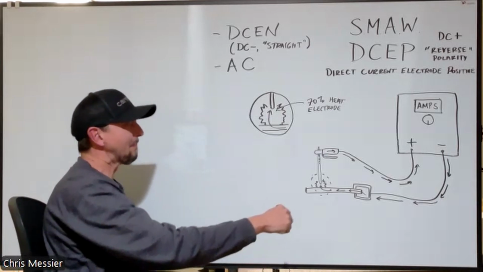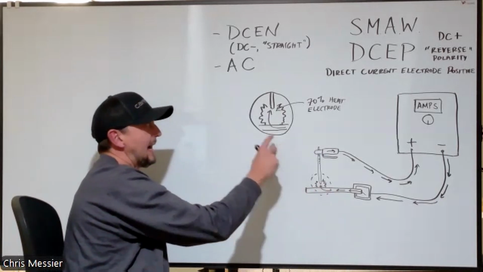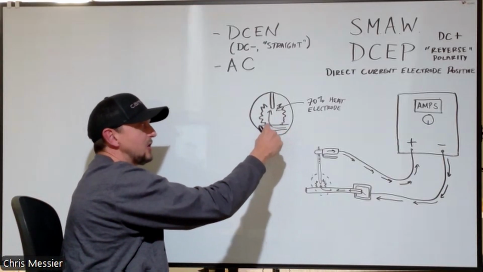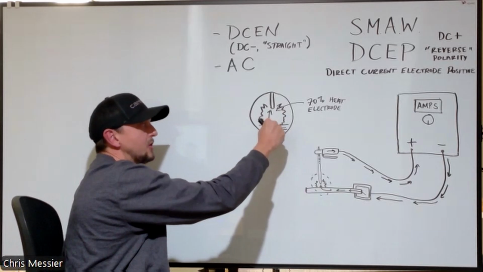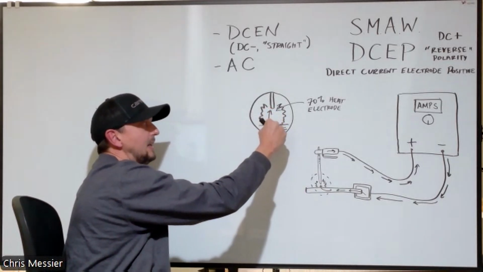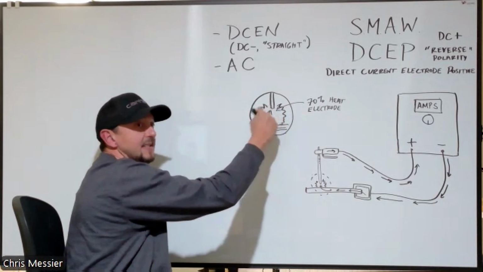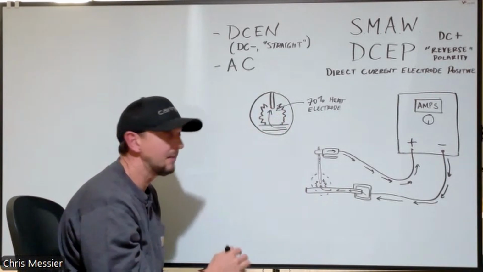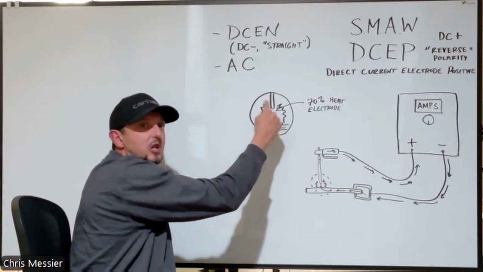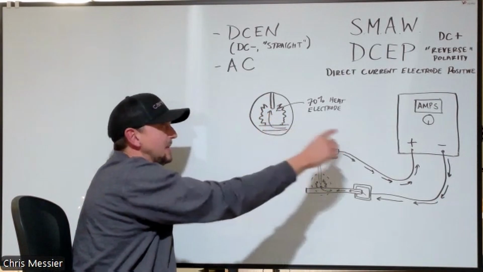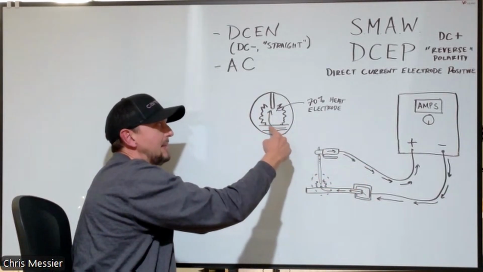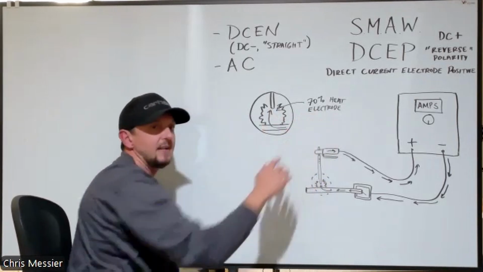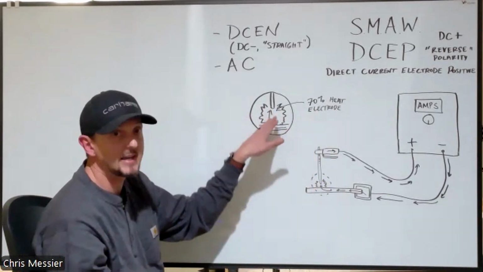Negative to positive. So what actually happens if you look in this arc area is that when the current makes the jump across in this arc from one terminal of the arc to the other, it encounters and creates resistance on this side where it's going to the other terminal of the arc. That's where it's going to generate most of its heat. So in DCEP, it's making the jump from the base material to the electrode. That means that around 70% of our heat is going to be focused in the electrode.